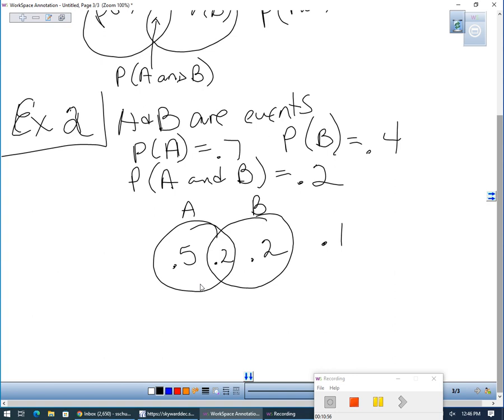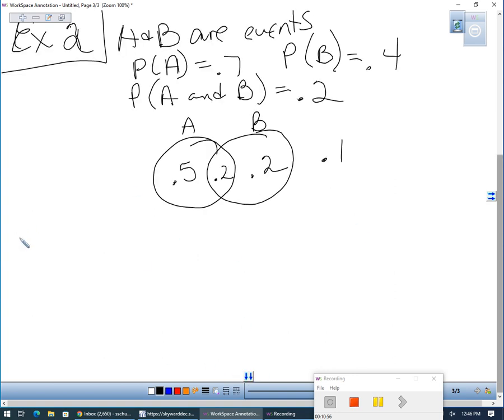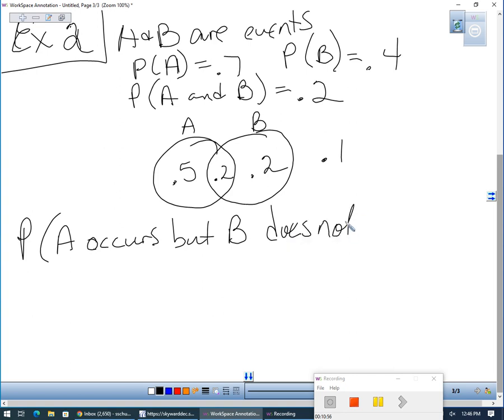All right, so let's start with what is the probability using our Venn diagram here. I want the probability that A occurs, but B does not. It is 0.5, right?